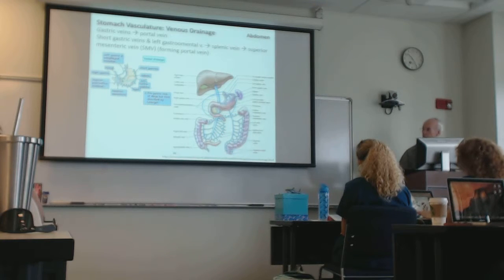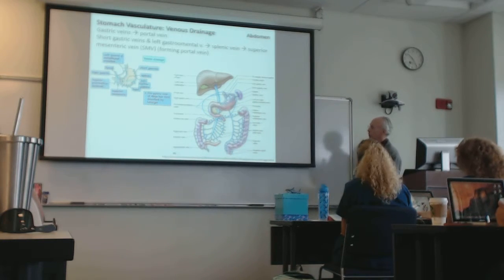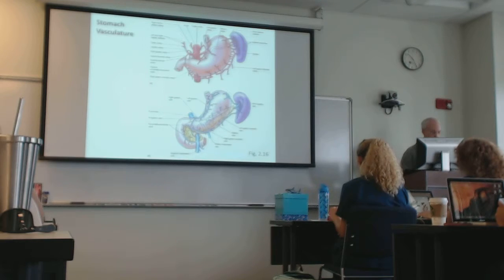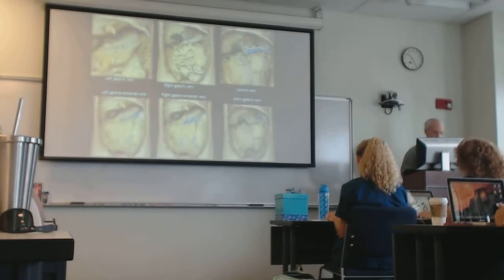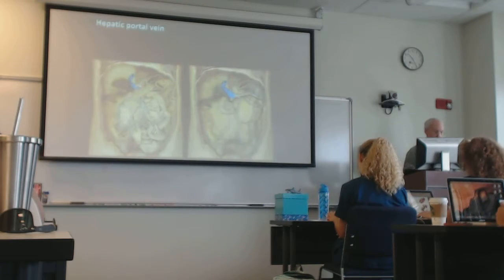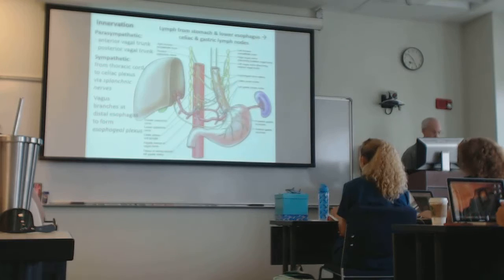You shouldn't expect all patients to have this organizational arrangement of the veins around the gastric region. All right, so we've already talked about these structures. We're going to come back and talk about the hepatic portal vein a little later as we talk about the portal triad.